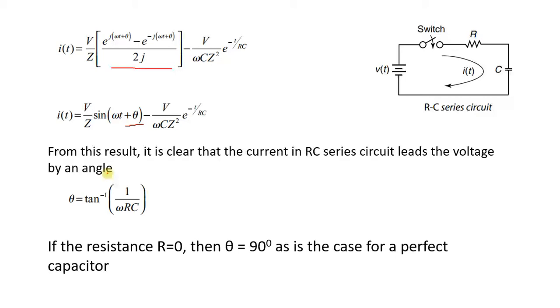It shows that for a perfect capacitor, the current leads the voltage by 90 degrees. So the current in the capacitor leads the voltage by exactly 90 degrees. I hope it is clear to you.